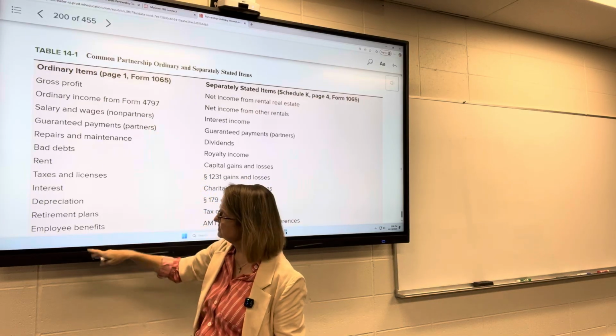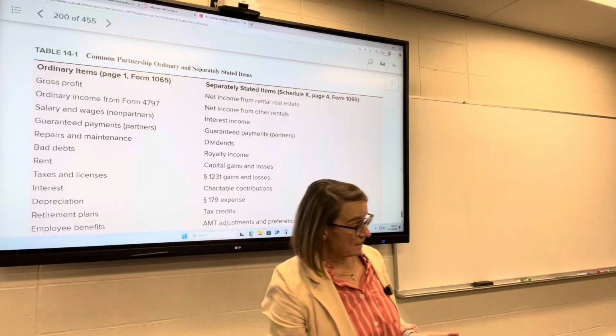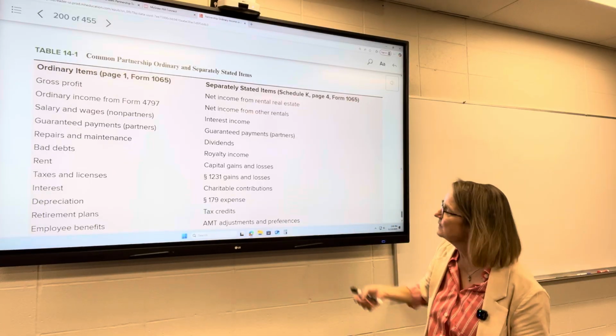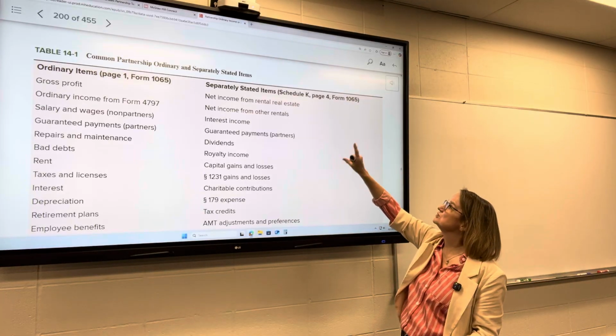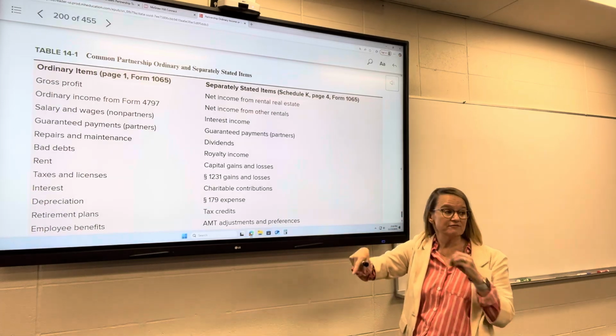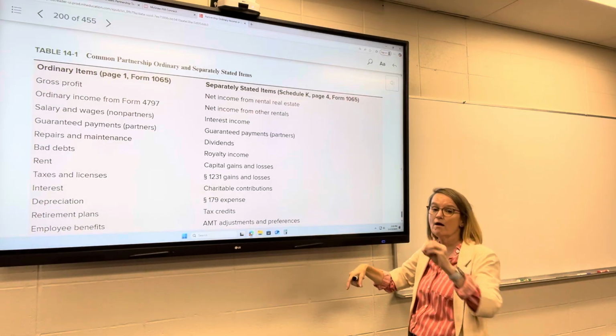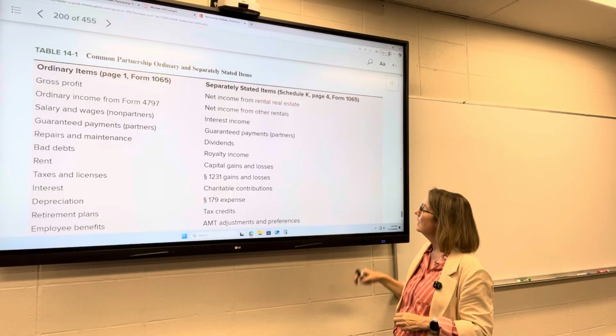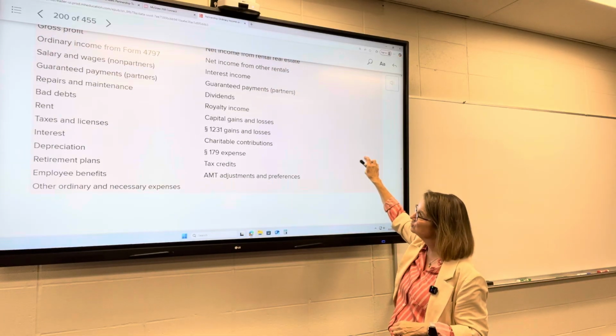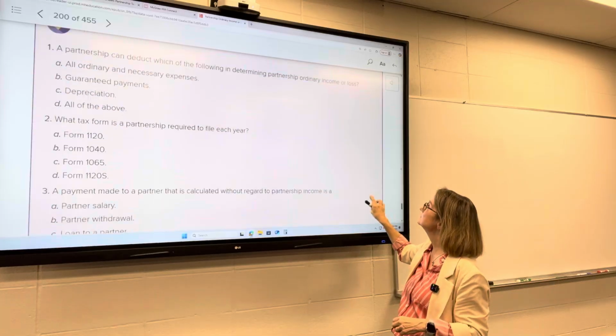And then all of these expenses would be deductible for the partnership, but then all of these things are separately stated items. They show up on the Schedule 1, and then they feed into the Schedule K-1 on a per partner pro rata basis based on their ownership percentage. So that's just a list of those items.